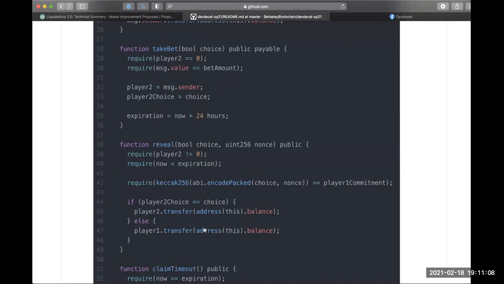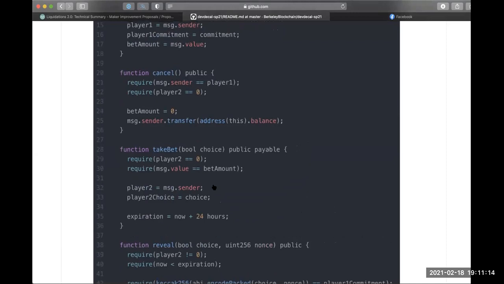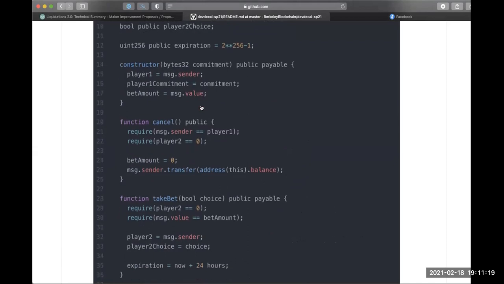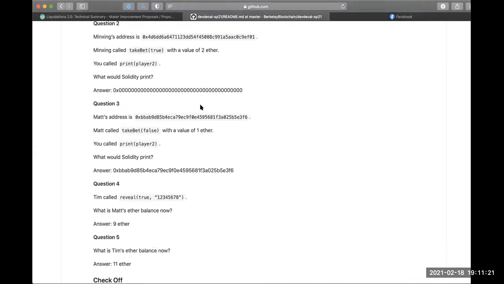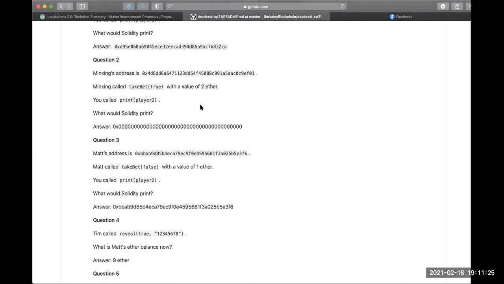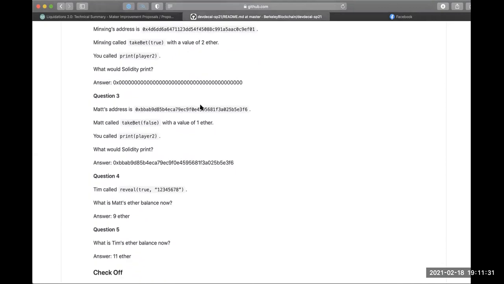So then player 2 transfers his balance. And then take bet and the constructor execute, and he loses 1 ether because he has to transfer 1 ether to Tim. They both had 10 originally. So Matt now has 9 ether and Tim has 11 ether.